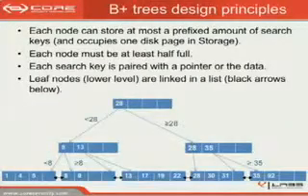So one of the ways to do this is with B-trees. A B-tree is an idea that dates from the 70s, and it's basically a balanced tree, meaning that from the root to each leaf there's the same distance, the same length.